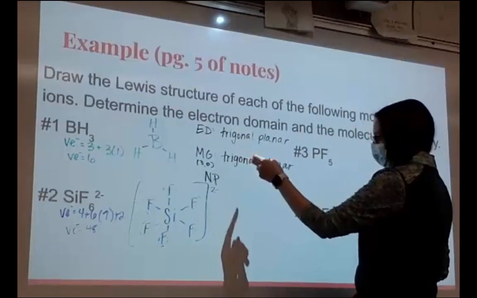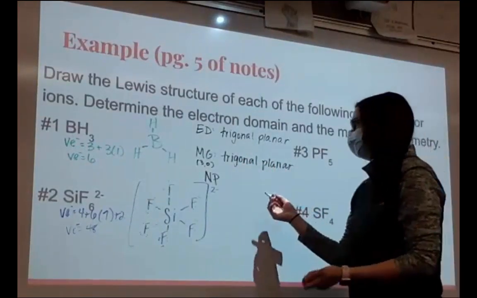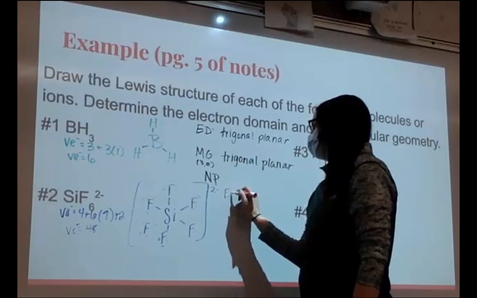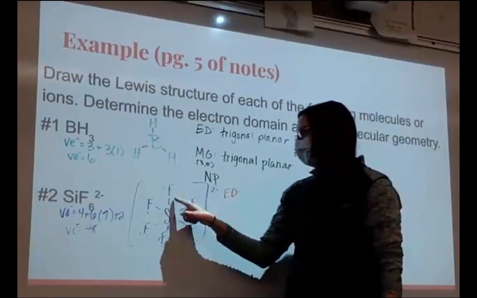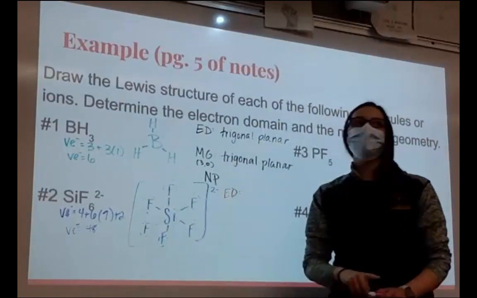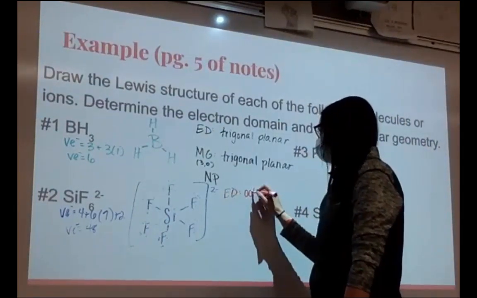Then we're looking at electron domain geometry, molecular geometry, and whether it's polar or not. For the electron domain geometry, we're just looking at areas of electrons: 1, 2, 3, 4, 5, 6 areas of electrons around the central atom. Octahedral.